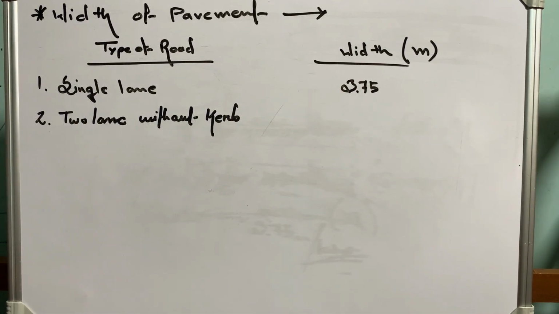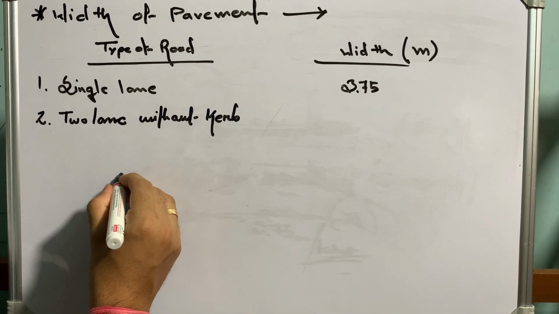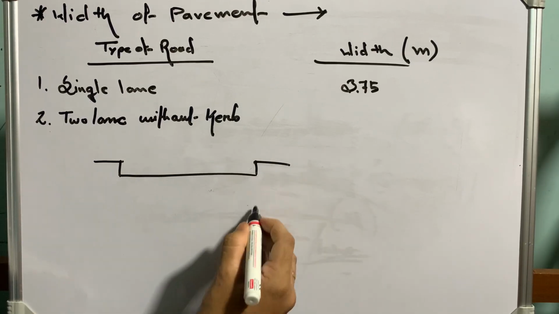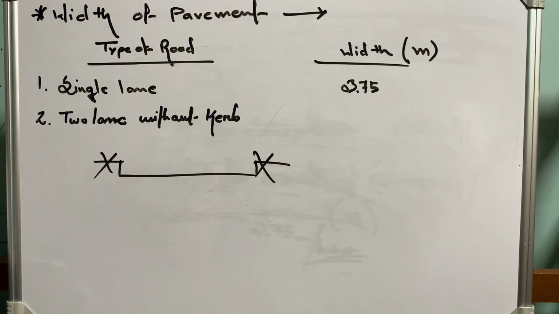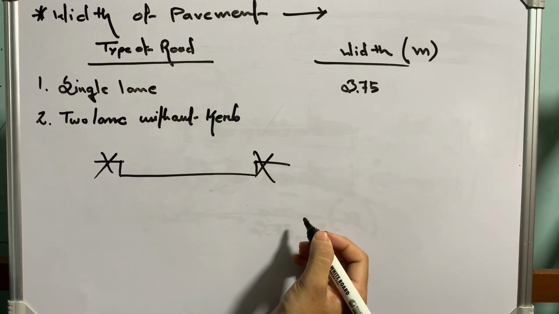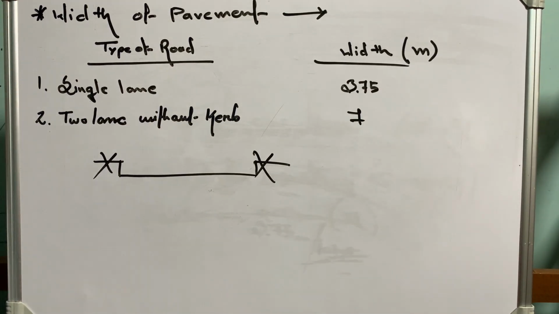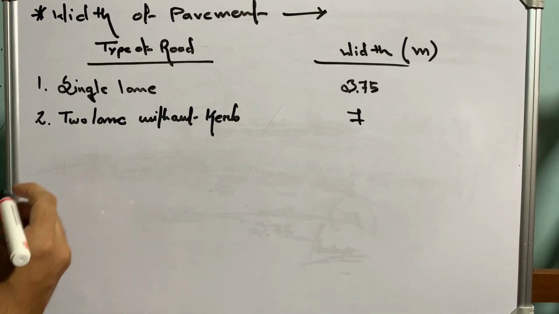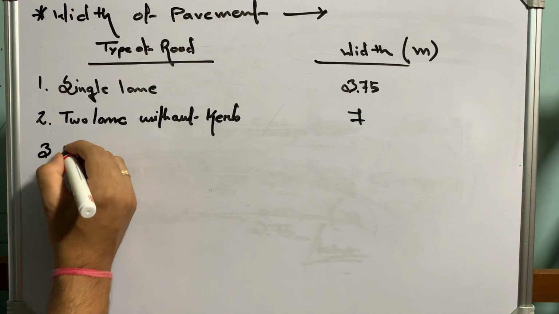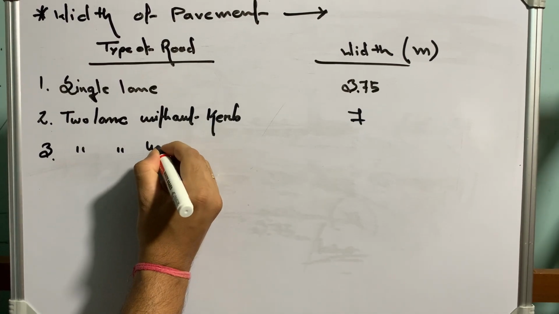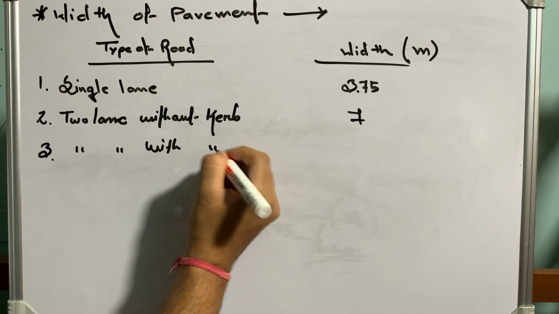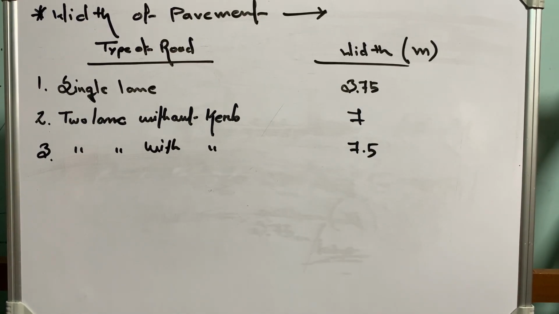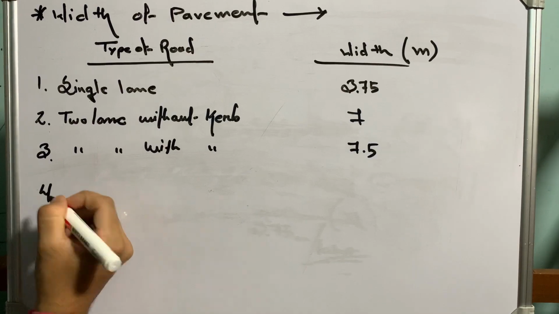Let me draw how two lane without kerb looks. It means there will be no extra elevation at the sides. So the width will be 7 meter. Two lane without kerb width will be 7 meter, and two lane with kerb it will be 7.5 meter.